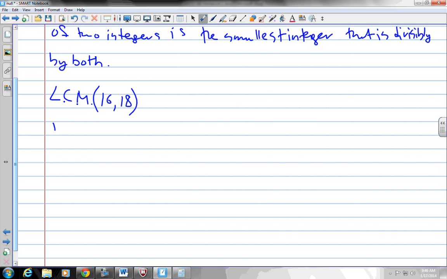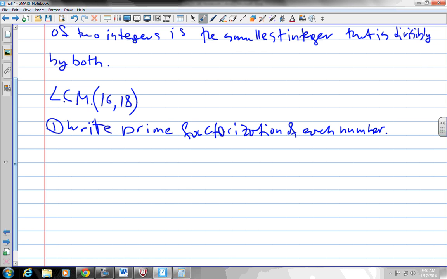So here's the trick. The first step: do prime factorization of each number. Break it down into products of primes. So 16 is easy. 16 is 2 to the power 4.